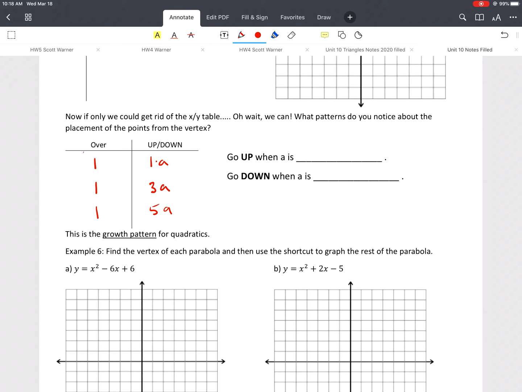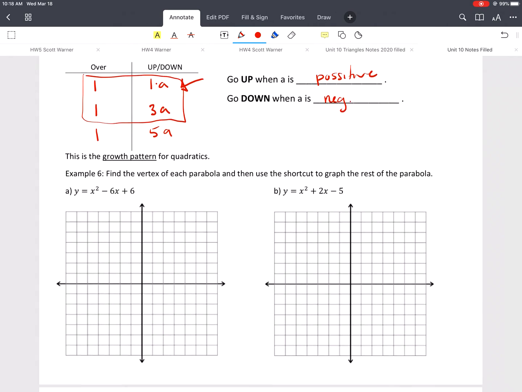But again, you really only need to do the 5 points. You're going to go up if A is positive, and it goes down if A is negative. But this is kind of built into what A is.